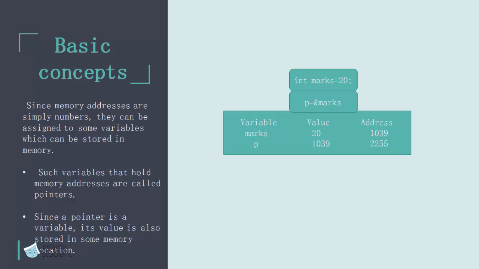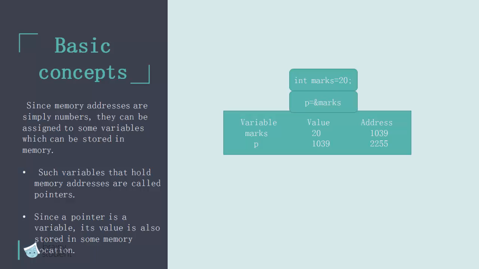So we can use these addresses as value to some other variable. Such a variable that holds an address is known as a pointer. So a pointer is a variable which is going to hold the memory address of some other variable.